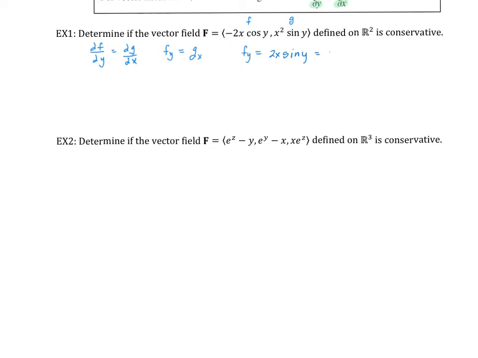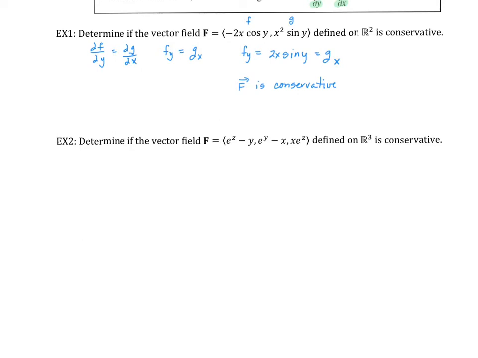These are the same. So since their partial derivatives are equal, what we can conclude is our vector field is conservative. So again, what that means is there exists a potential function phi, so that f is the gradient vector field of phi.